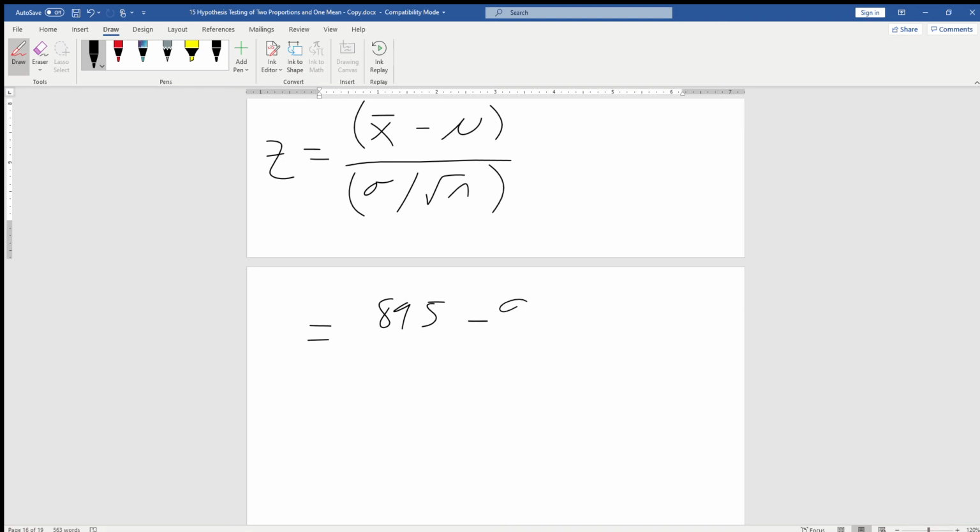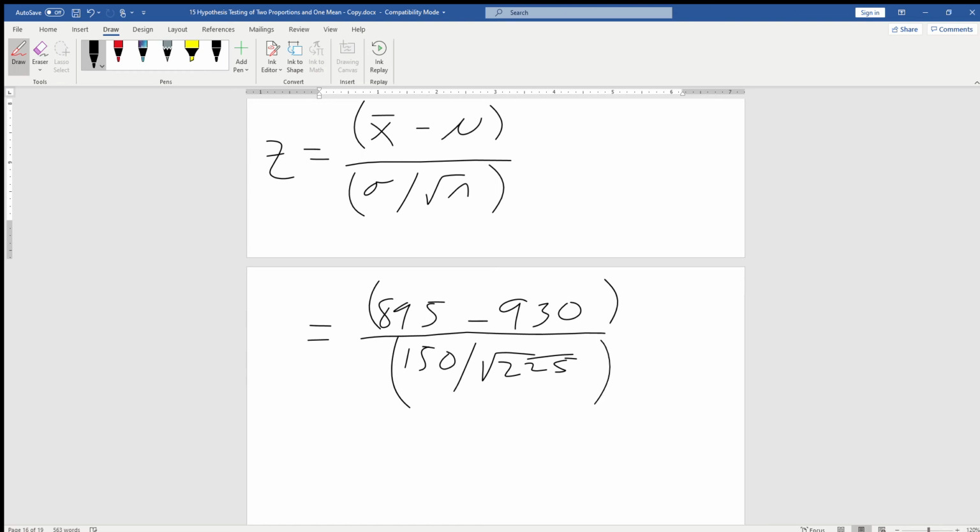The Maryland SAT scores, mu, is 930. Sigma is 150, and n is 225. We're going to put parentheses around the numerator and the denominator, and throw that into our calculator, and it's going to give us a z-score.